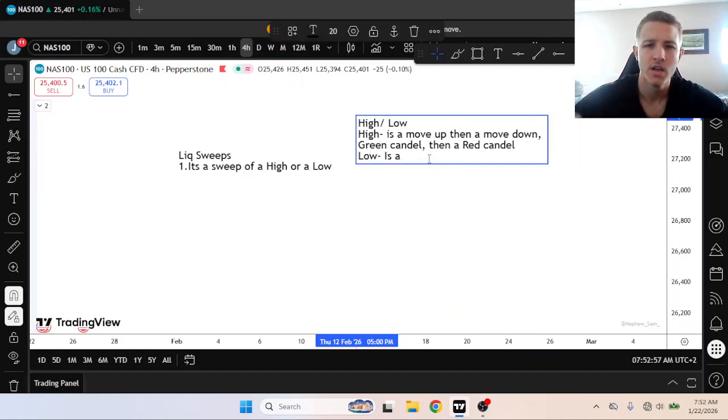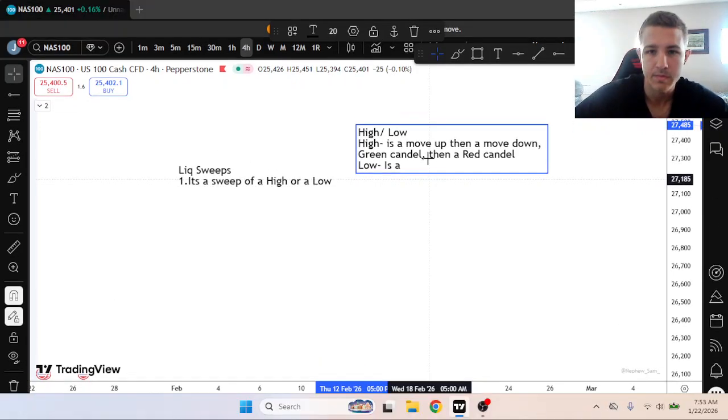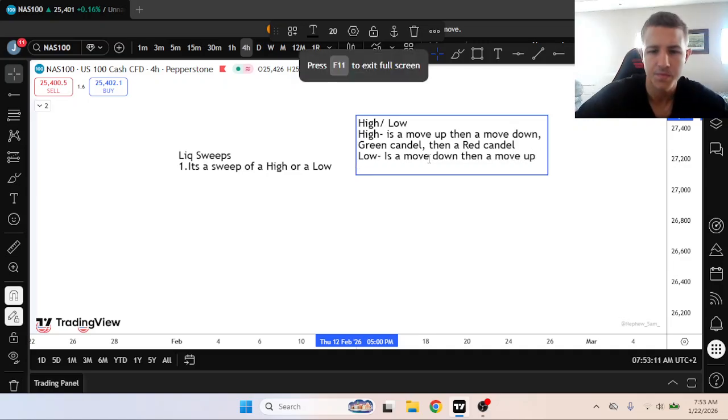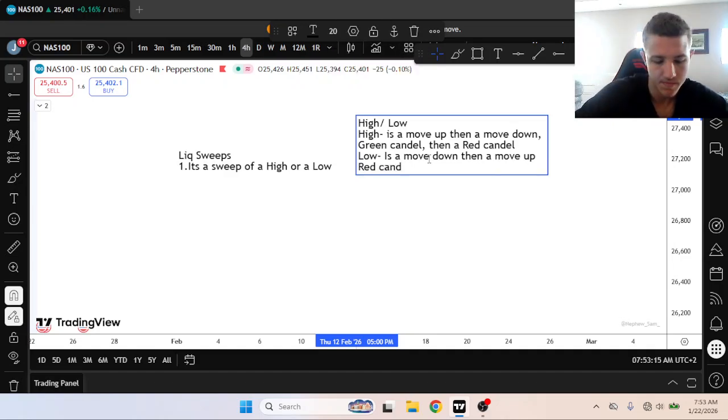So a low is a move down, then a move up, meaning it's a red candle, then a green candle.